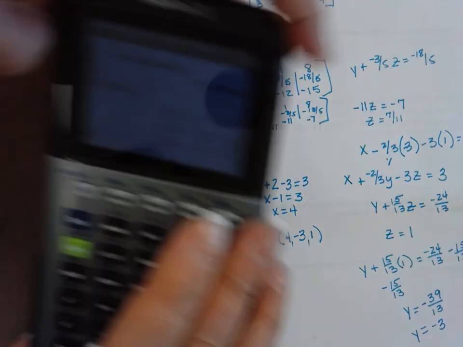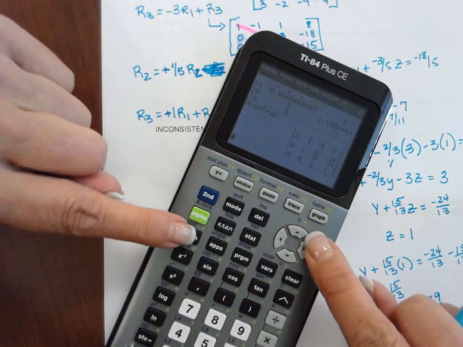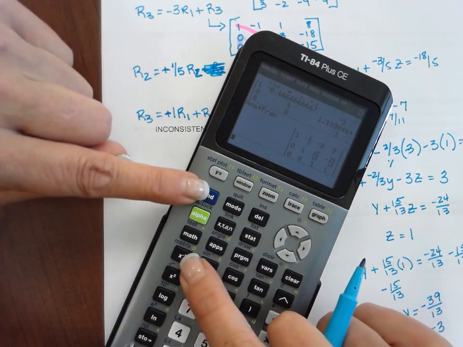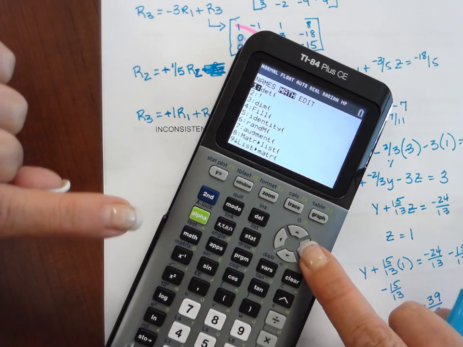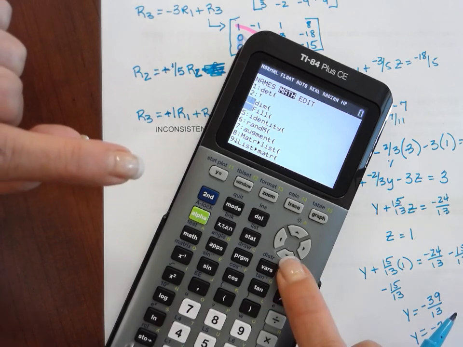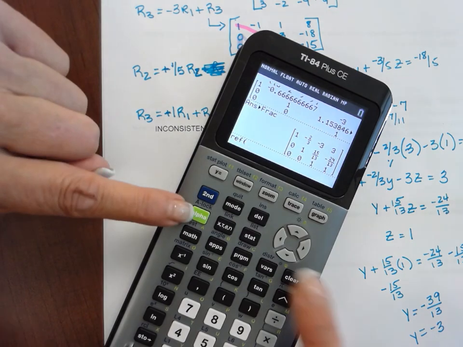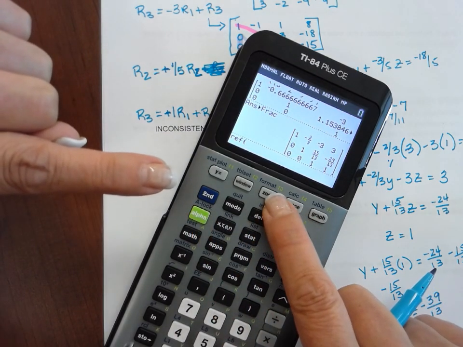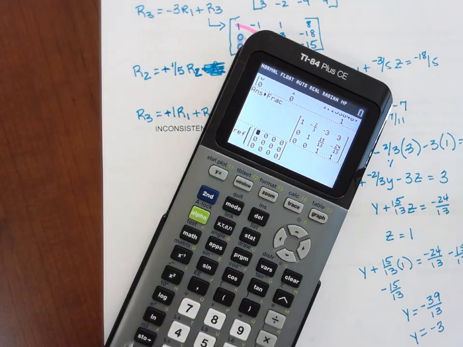A lot easier. Okay, so the steps to do this, one more time, is you're going to second to matrix, over to math, scroll down to REF, alpha, zoom, put in your matrix, and hit enter, and then solve back.